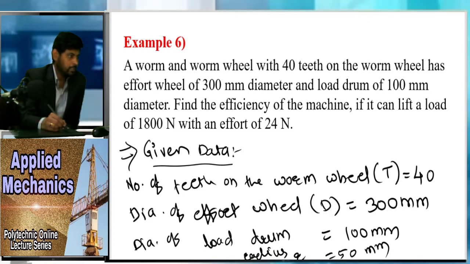Now you can see W is given to us, that is 1800 Newton, and the effort is also given to us, and we have to find out the efficiency of the machine.